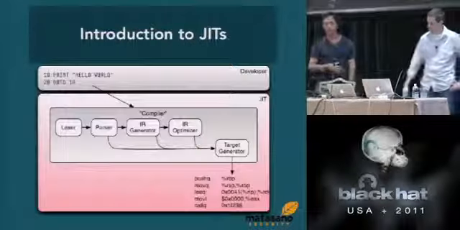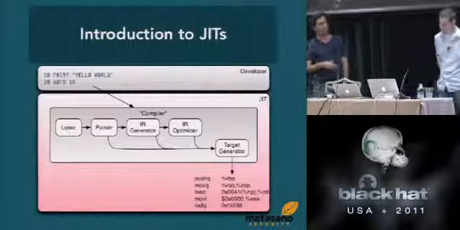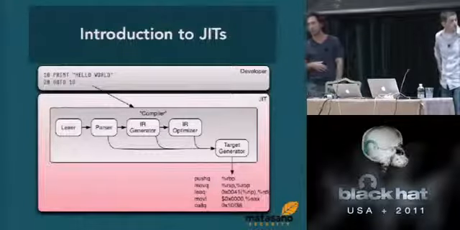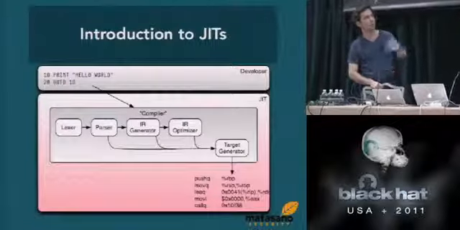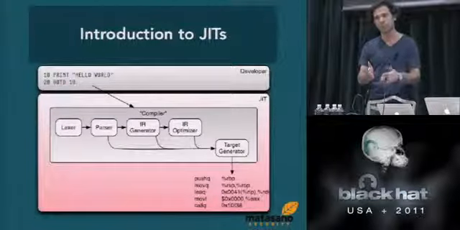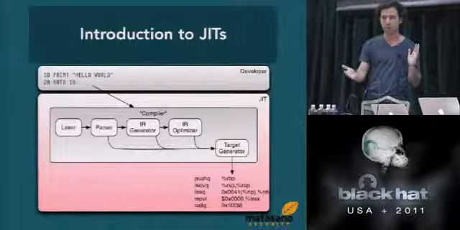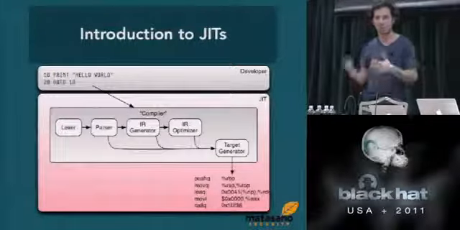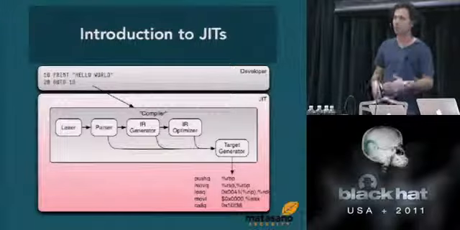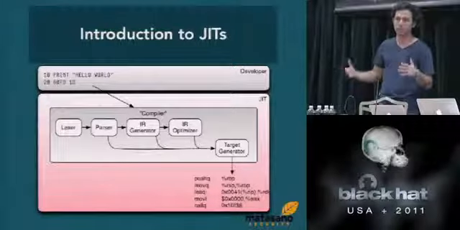So here's a similar diagram from earlier with a little more detail filled in. The general components of a compiler are: you have the lexer, which just breaks up your input stream into tokens. That's fed into the parser, which typically creates an abstract syntax tree, an in-memory representation of the source.